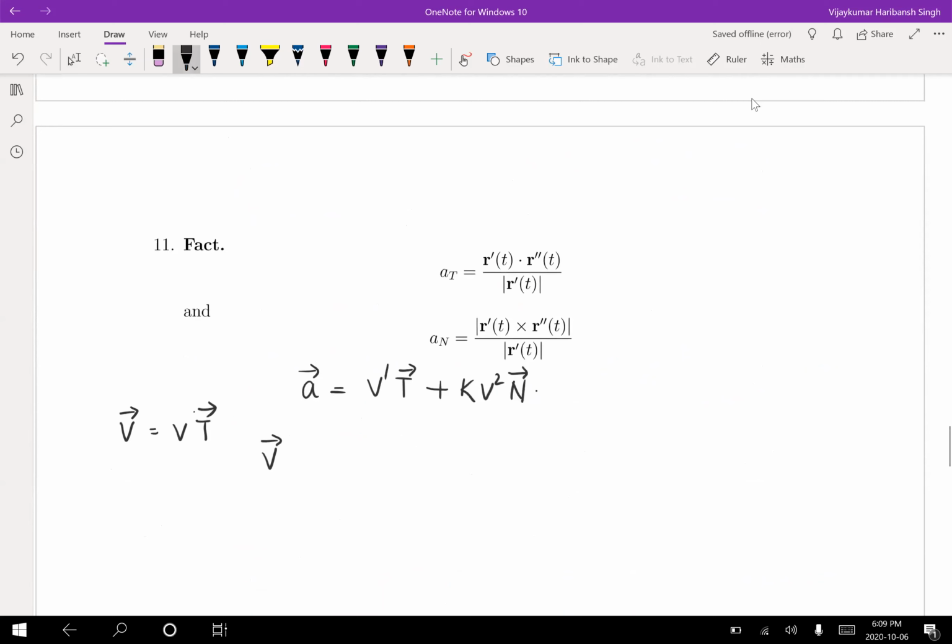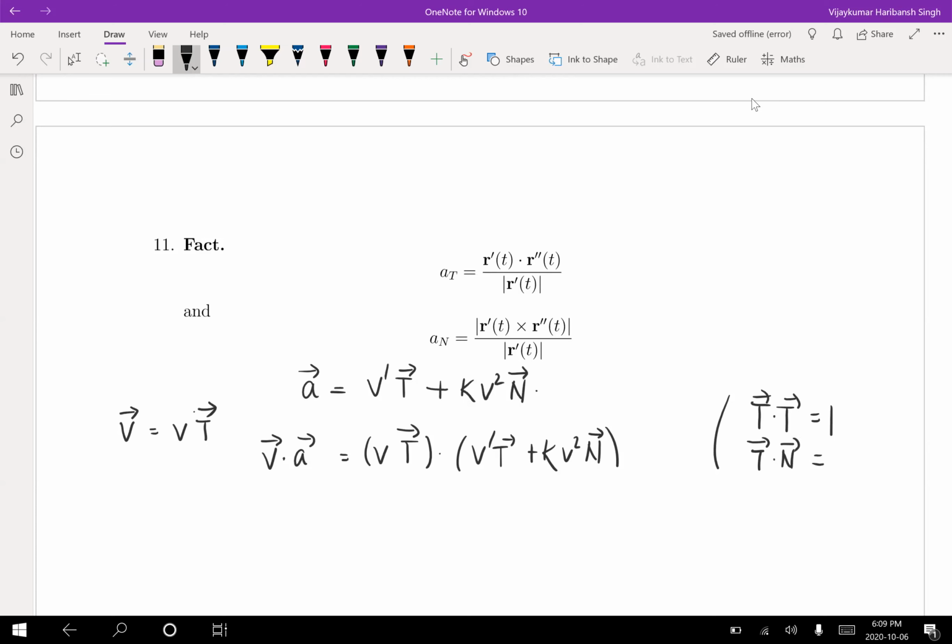So take v dot a, that is going to be v T dotted with v prime T plus k v square N. Now note that T dot T is 1 since it is a unit vector, whereas T is orthogonal to the normal vector, so that term is 0. What is left is v v prime.